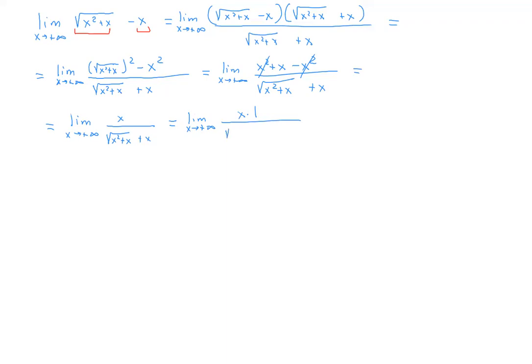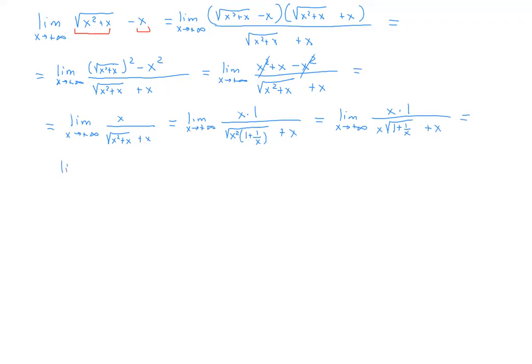So what I'm going to do is factor out an x squared from inside this square root. So I will have 1 plus 1 over x here, and then plus x. And in the next step, I'm going to take that x squared outside the square root. And what will happen is we will get x. So it will be x times the square root of 1 plus 1 over x, plus x.